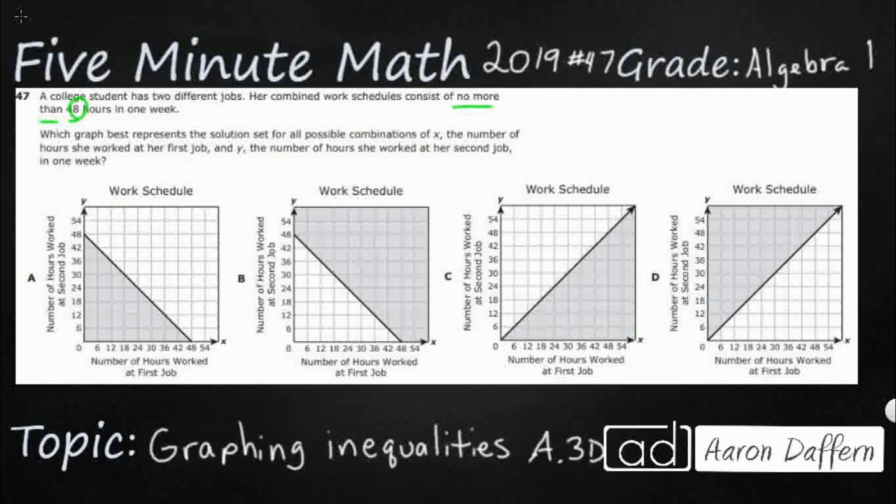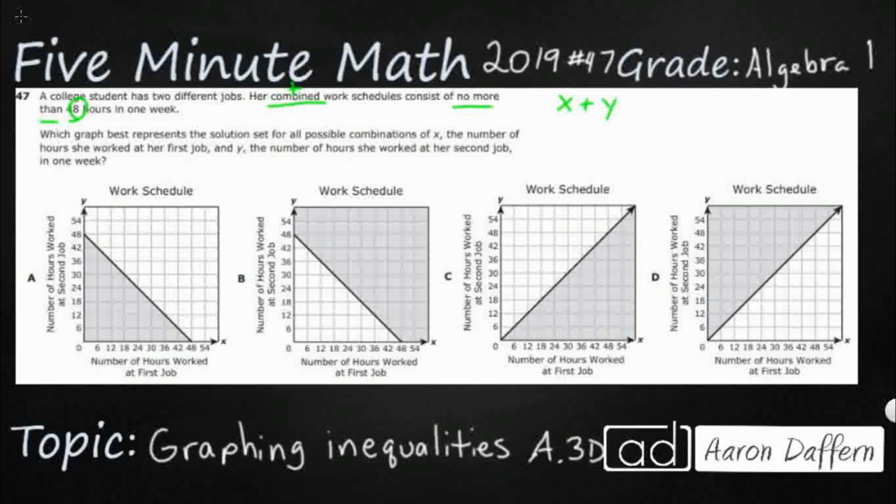So we don't have an inequality here that's given to us, but we need to create our own inequality. Combined lets us know we're going to add. There are just two variables right here, x and y. When you combine her 2 different work schedules, it's no more than 48 hours in 1 week.